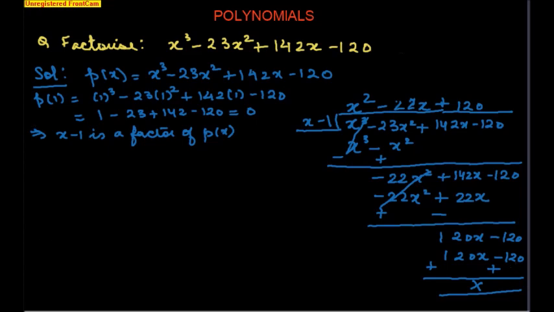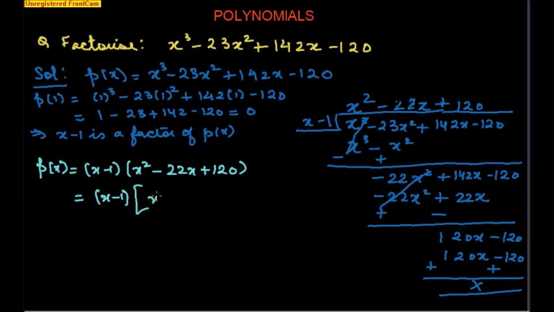Now, because this is the quotient, p(x) is equal to x minus 1 into x square minus 22x plus 120. To find out the other factors, we factorize this by middle term splitting, and I get x square minus 12x minus 10x plus 120.